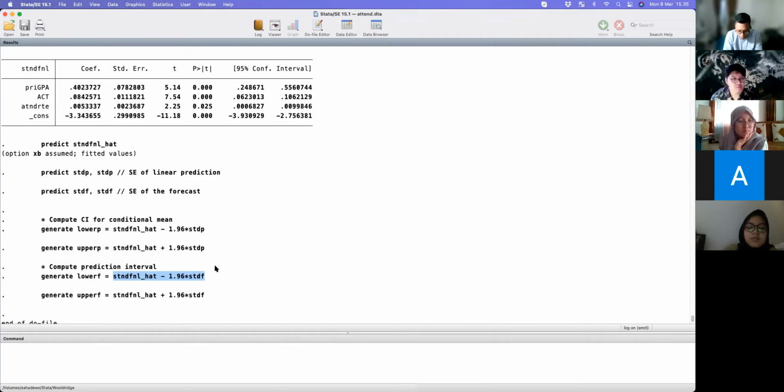So again, why do you want to do this? If you want to make some prediction or some forecast, you cannot be too confident to say that, oh, the estimated forecast is going to be this number. Okay, you want to be fair in the sense that you want to provide some picture of uncertainty.